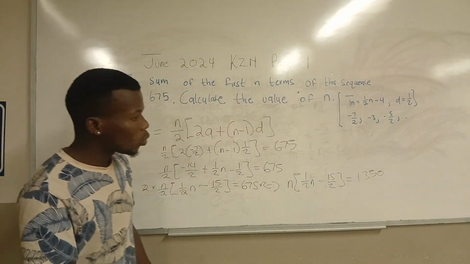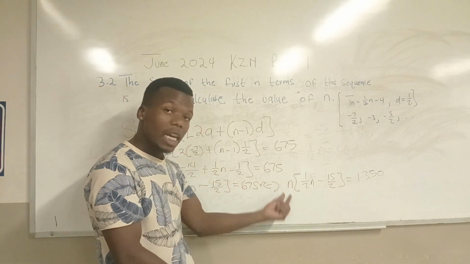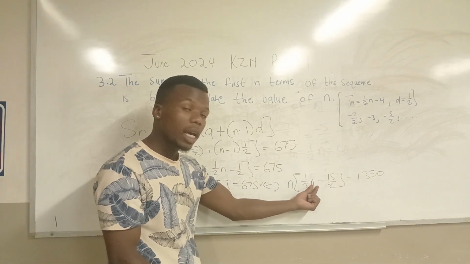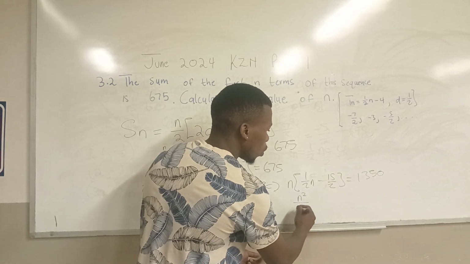I still need to simplify further. If I say n multiplied by 1 over 2n, this will be n squared over 2.